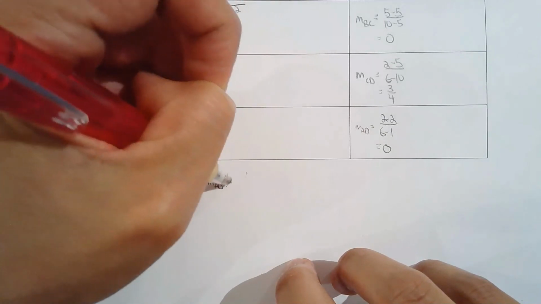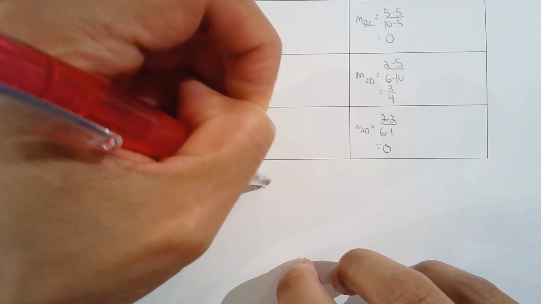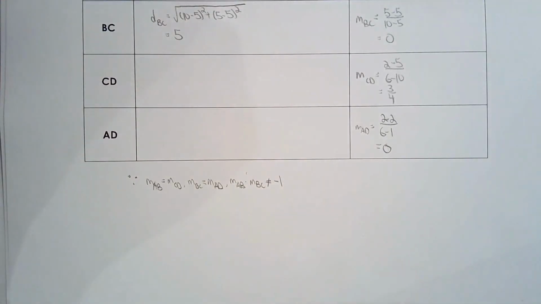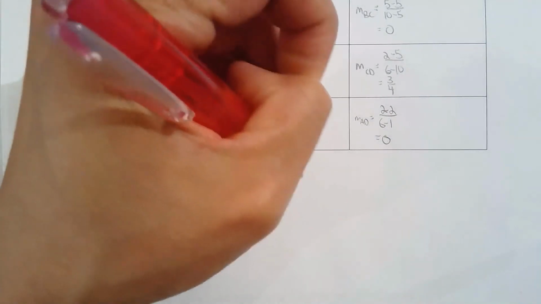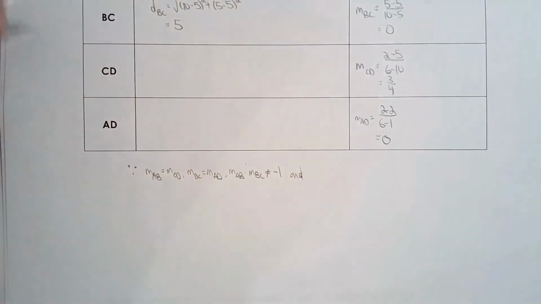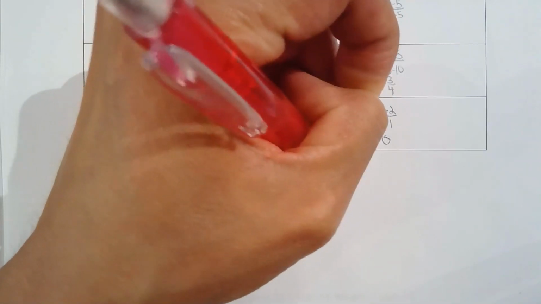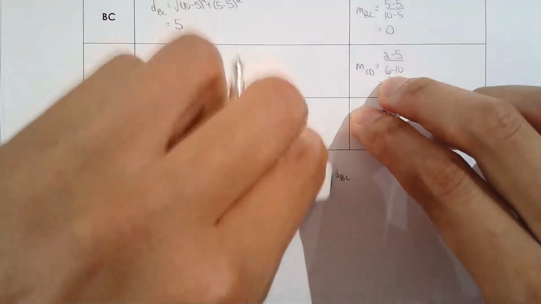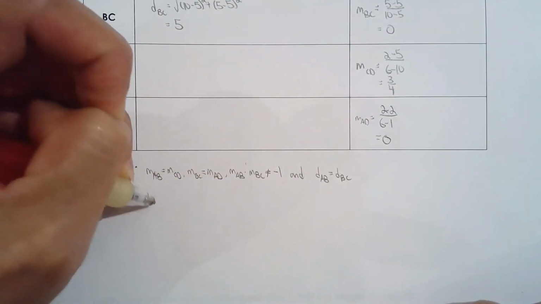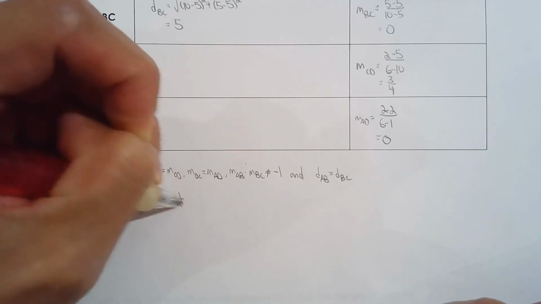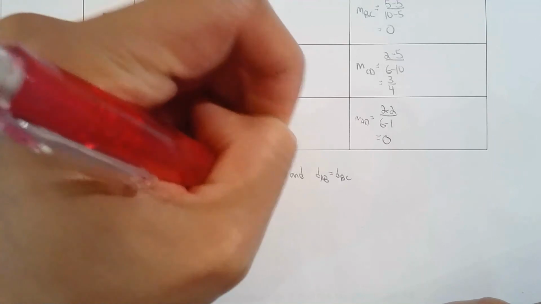You should also tell the reader that adjacent sides are not perpendicular, which means the interior angle is not 90 degrees. And lastly, you should say that the length of AB is equal to the length of BC. Okay? Therefore, quadrilateral ABCD is a rhombus.